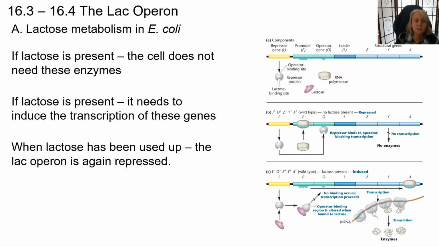If lactose is present, lactose tells the cell that it should maybe need these enzymes. So what happens is lactose becomes the thing that triggers turning on the transcription of this gene. Lactose is the inducer.